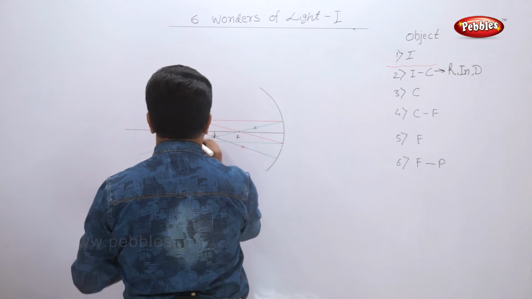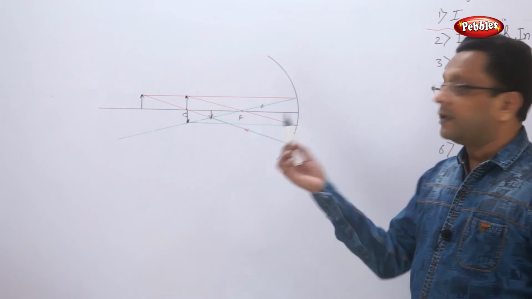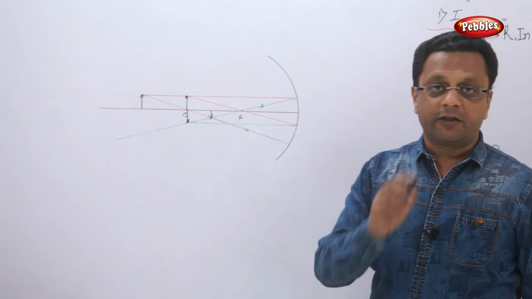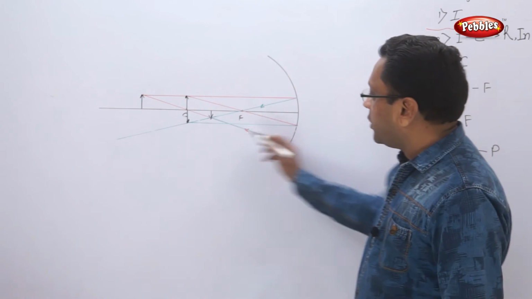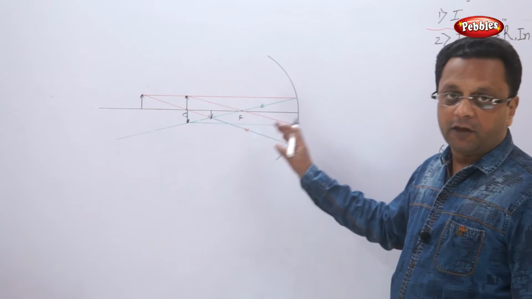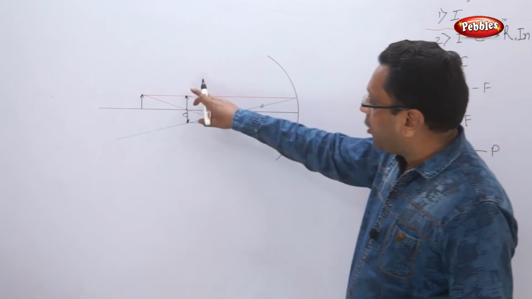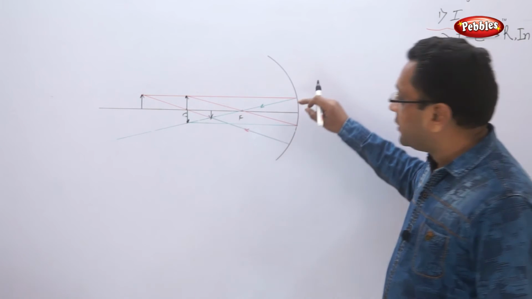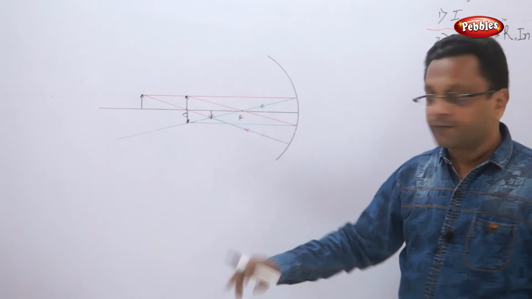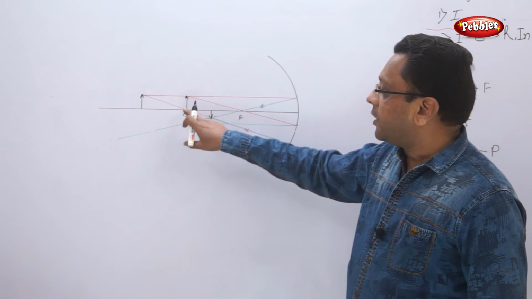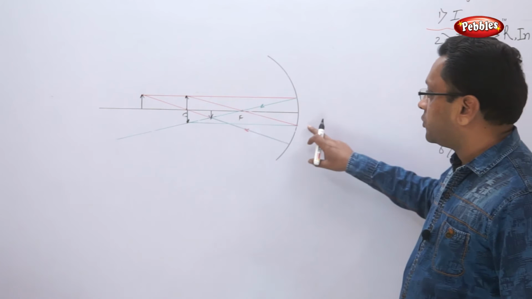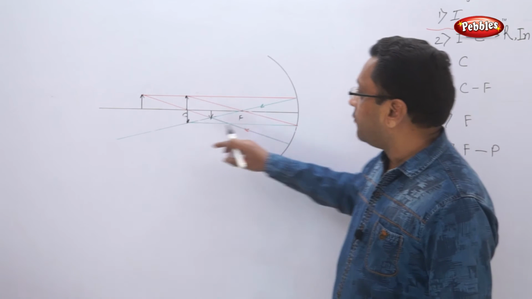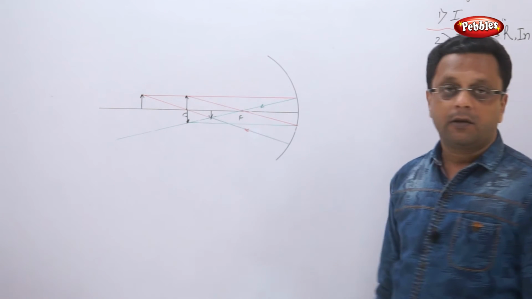The point of intersection is here. Since I am drawing on the board and this marker is blunt, it is not coming at the exact point, but when you draw with a pencil and take the exact points, your images will be more accurate than mine. So whenever my object is on C, one ray goes parallel, and the other incident ray passes through F. Since it passes through F, the reflection will be parallel, and where these two rays meet, we have an image.